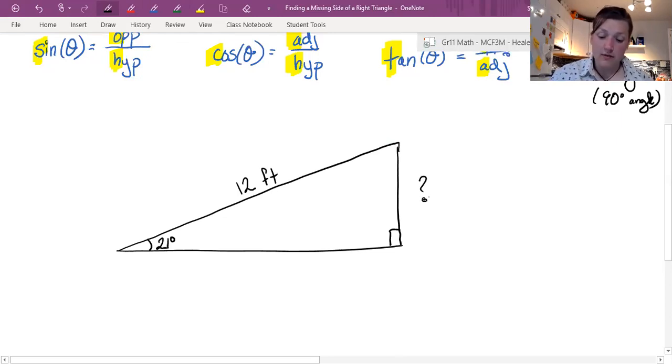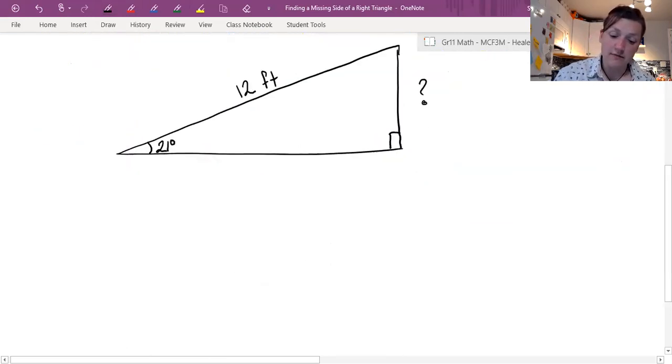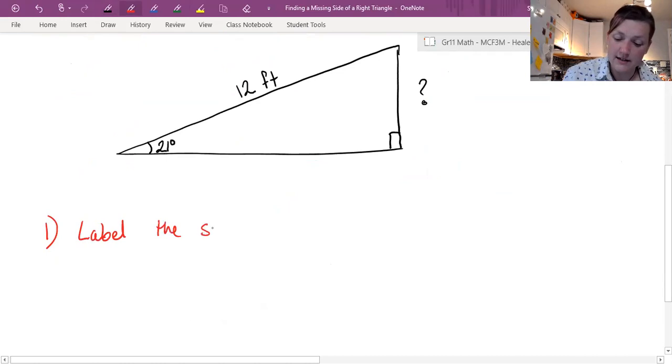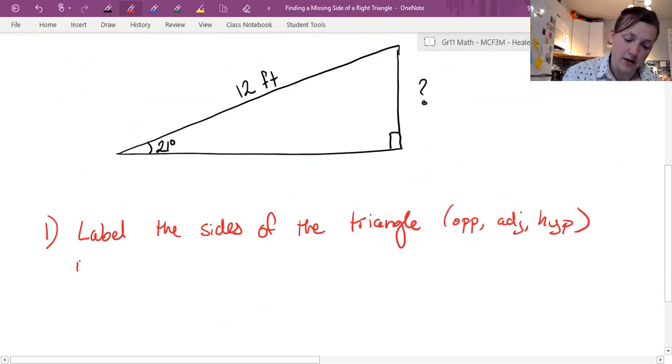So when you are solving for the missing side of a right triangle, step one is to label the sides of the triangle as opposite, adjacent, hypotenuse in reference to the angle given.